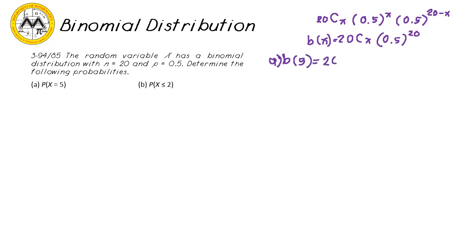So that's 20 combination 5, 0.5 raised to 20. Use your calculator. So this is 969 over 65536.